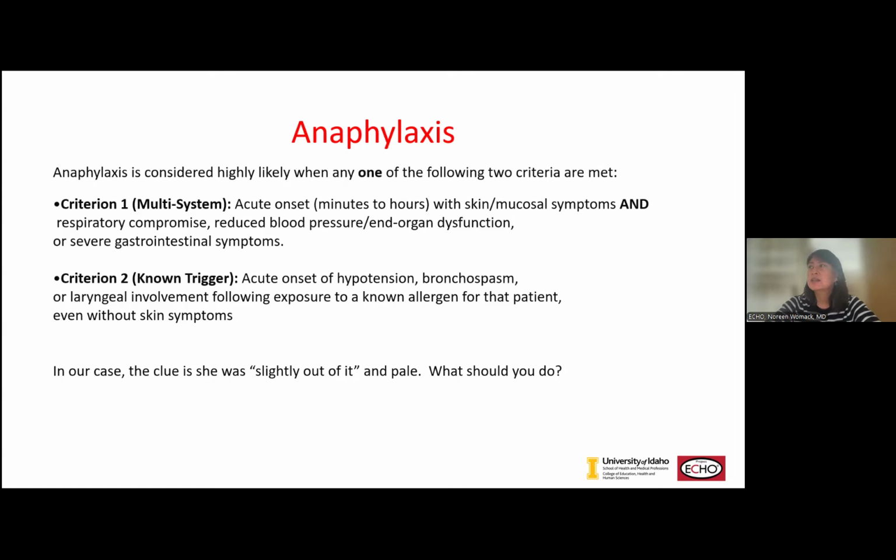So the take-home message here is to consider anaphylaxis and consider giving epinephrine, because truly no one will fault you if you give epinephrine and it wasn't necessary. I attended another presentation by an allergist who talked about a recent study that showed that really there are no long-term sequelae of receiving epinephrine, because there is a lot of concern about epinephrine because of its side effects.